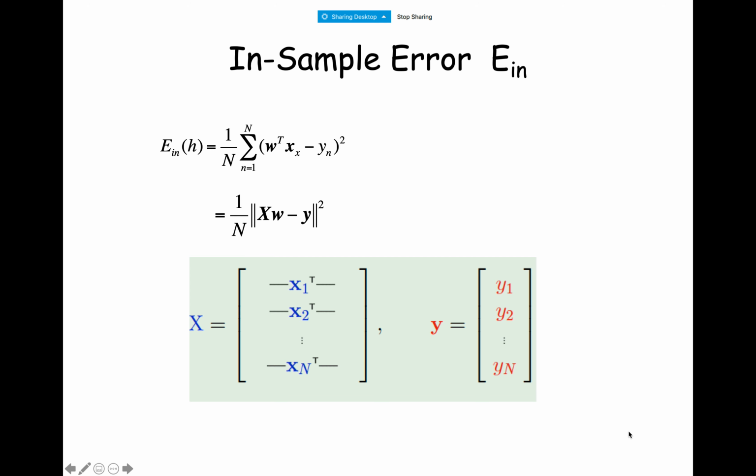So now we're going to make a replacement here. We notice here that every time we have a W, we take the inner product between W and each of the input feature vectors. And so if we take x1 and x2 and x3 and x4, we're applying that for all of the big N many input points that comprise our data set, our in-sample points.